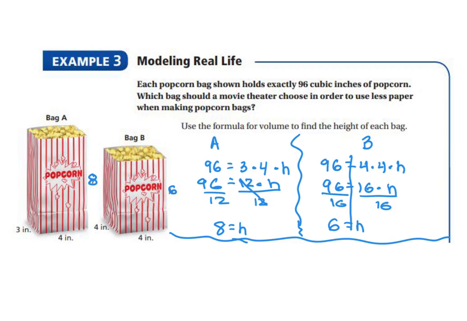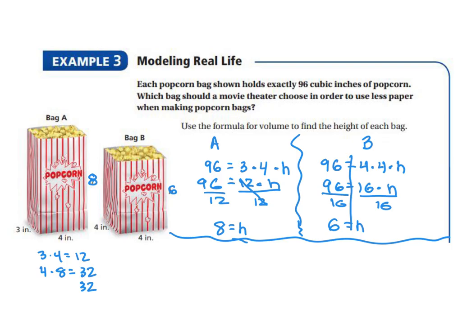Okay, so for bag A, the bottom, we need that. That's 3 times 4. So that's 12, correct? The front and the back, that's going to be 4 times 8, right? And 4 times 8 is 32. But there's a front and a back, so we need that twice.